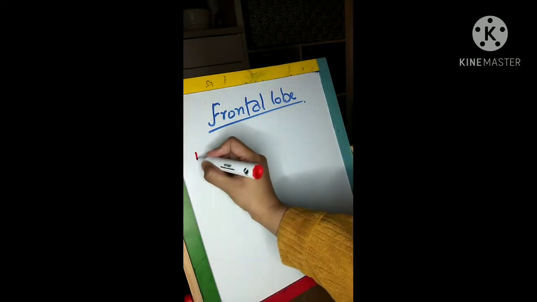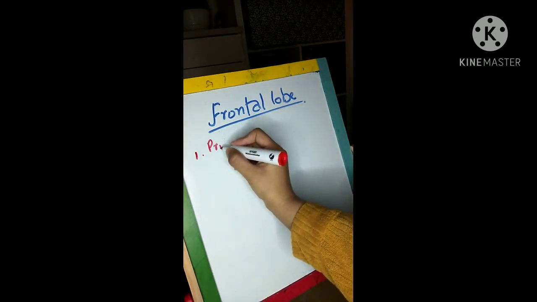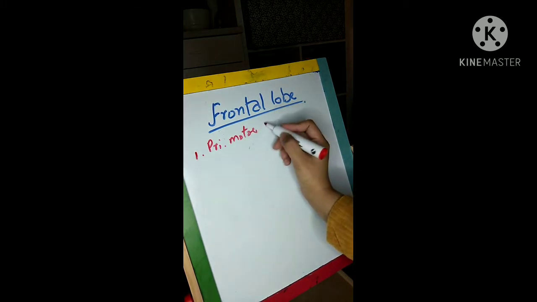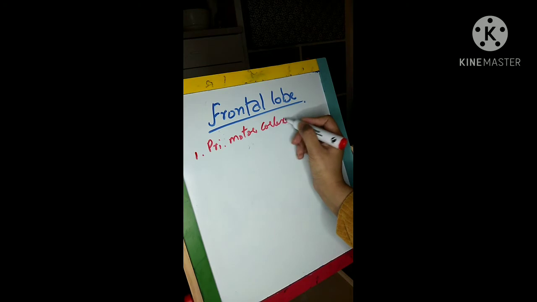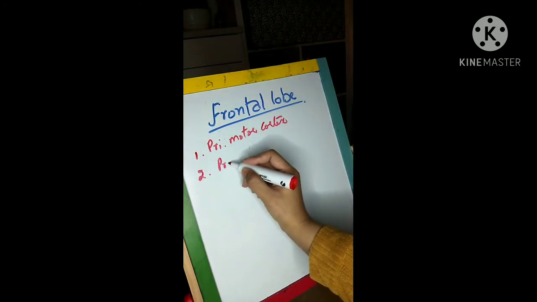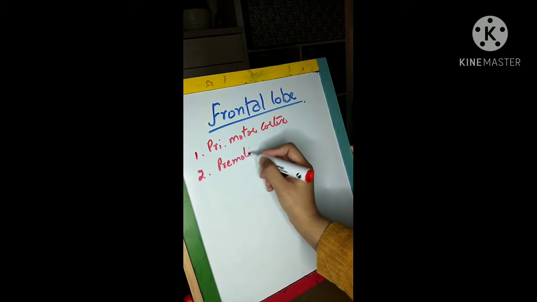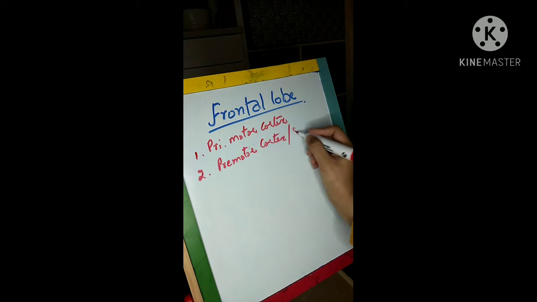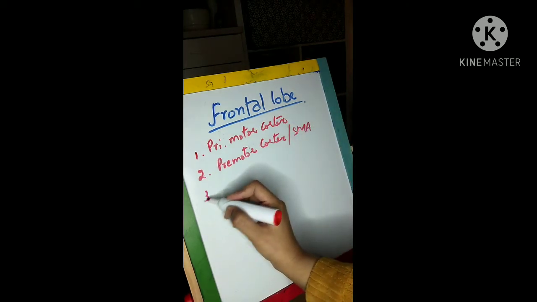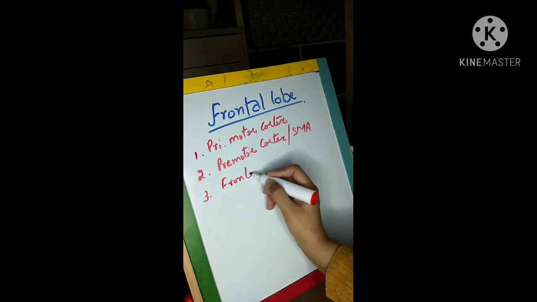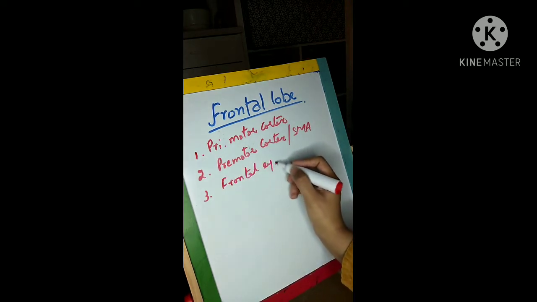For example, the first one, primary motor cortex, you all know. Then, second, we have premotor cortex or supplementary motor cortex. They both are actually motor association cortex. They are combined and called motor association cortex.